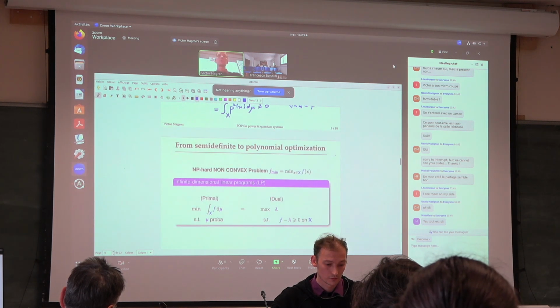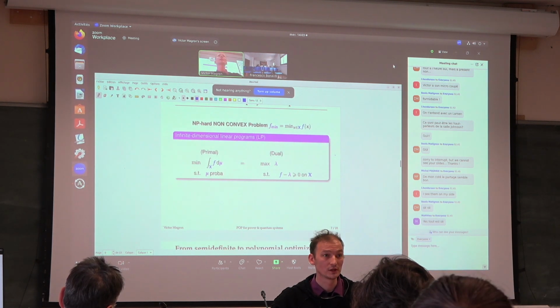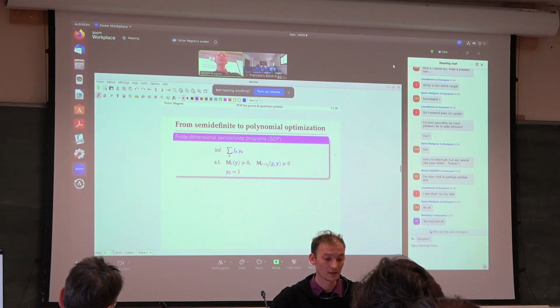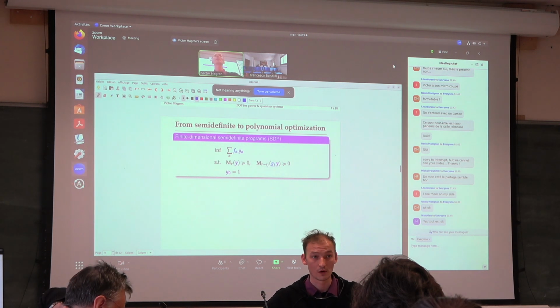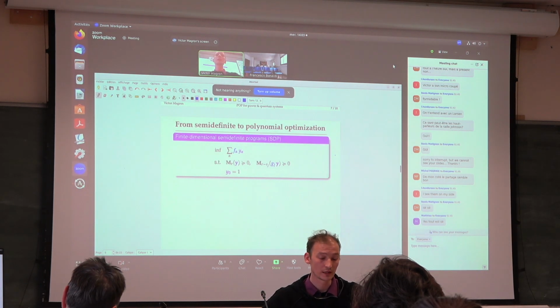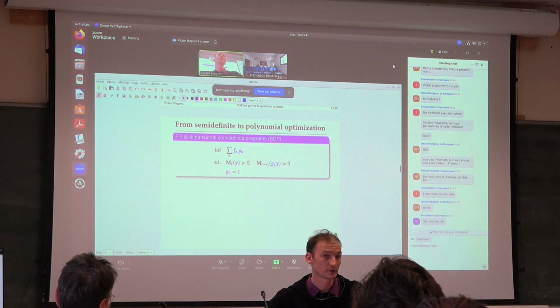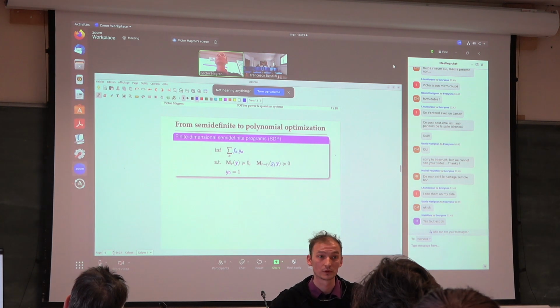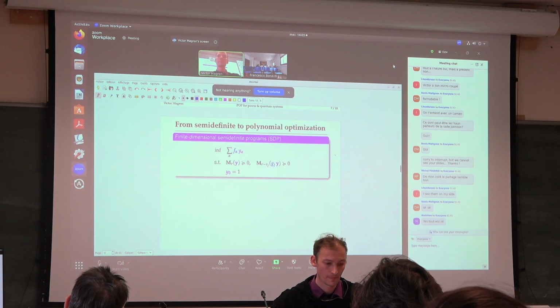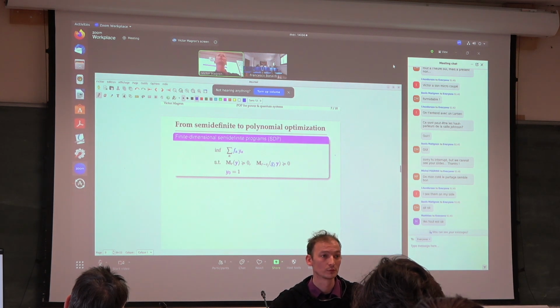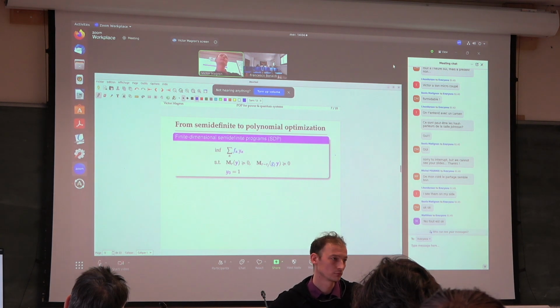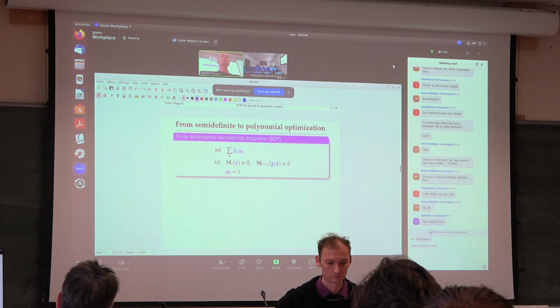And so this is how we relax the initial problem. So the problem that you see on the left, we relax it like that. So we linearize all the x power alpha, we replace them by the y alpha. And then we impose that these moment matrices must be PSD, so semi-definite positive. Any questions on that? Oh, and y0 equal 1 is because you have a probability measure. So the integral of 1 times d mu should be 1.